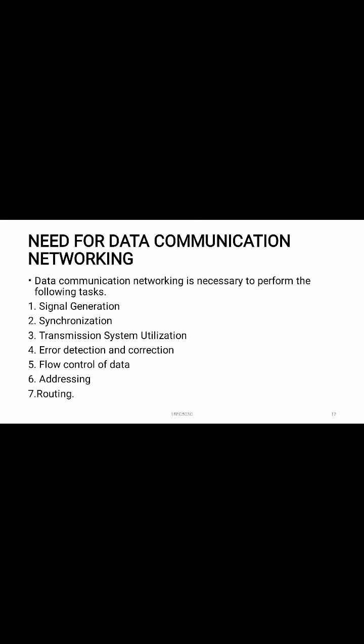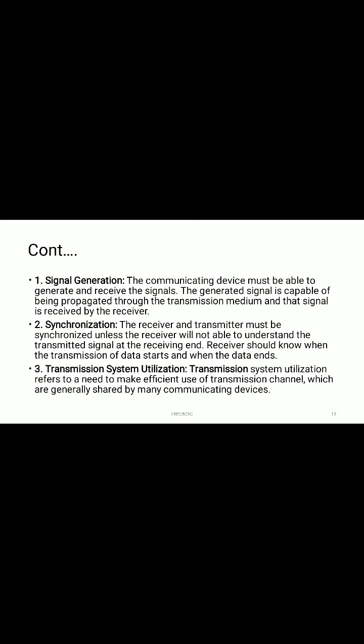In this, first one is signal generation. Both the communicating devices must be able to generate and receive the signal. The generated signal has to propagate through the transmission medium, and that signal is received by the receiver.